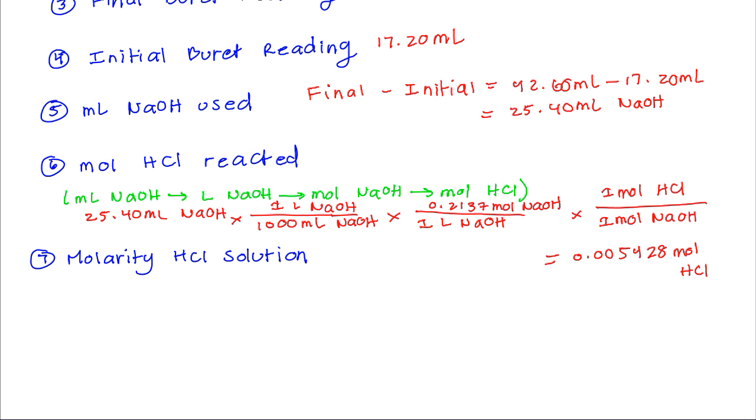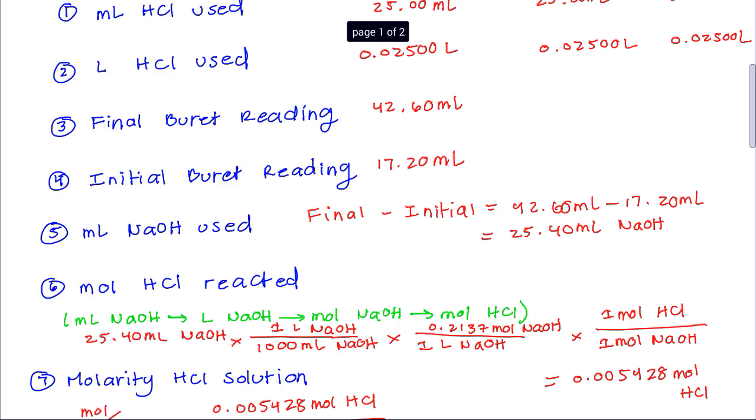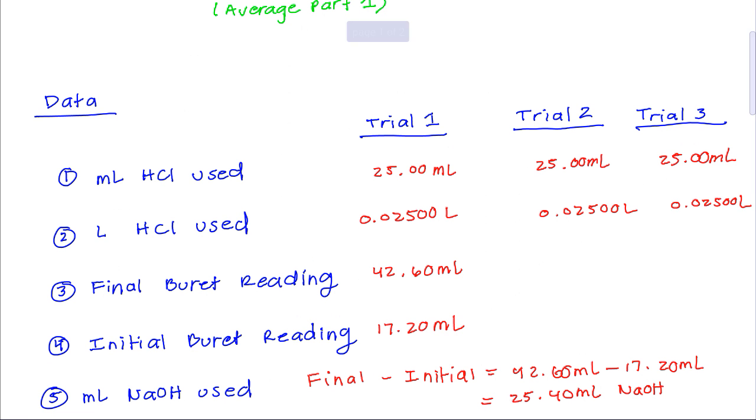So we're almost there. The last thing we need to calculate is our molarity, or concentration, of hydrochloric acid. So our units are always going to be moles per liter. So what we need to do is take the moles that we just calculated, 0.005428 moles of hydrochloric acid, and we want to divide by the volume. If we go back and look, we started with this many milliliters, so we need to make sure we're using liters.